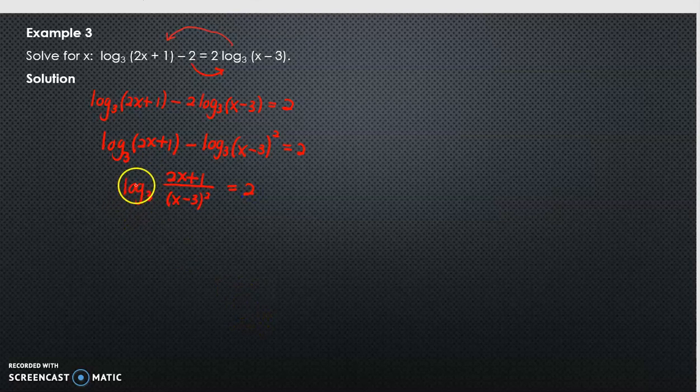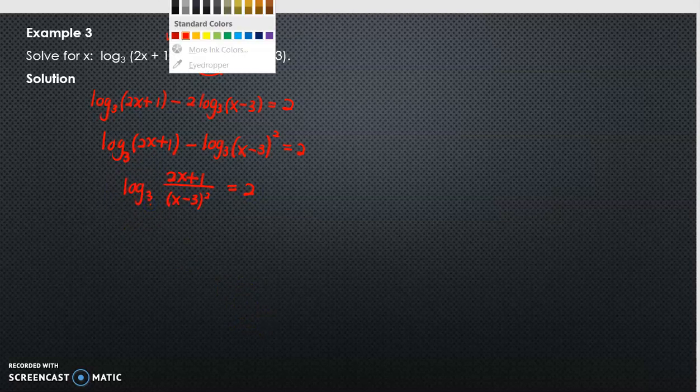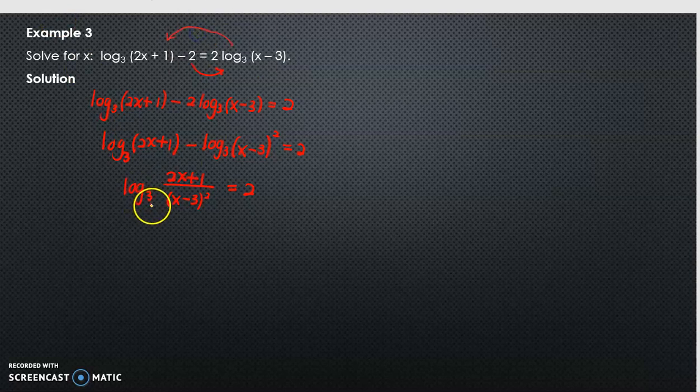Next, I will eliminate the log. So how? By moving base 3 to the right hand side. So next we have 2x plus 1 over (x minus 3) squared is equal to 3 to the power of 2.